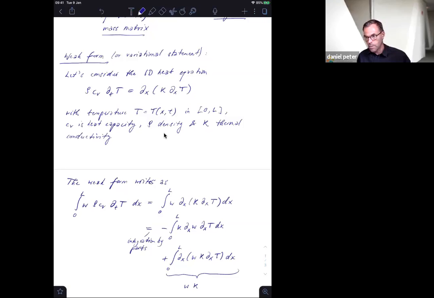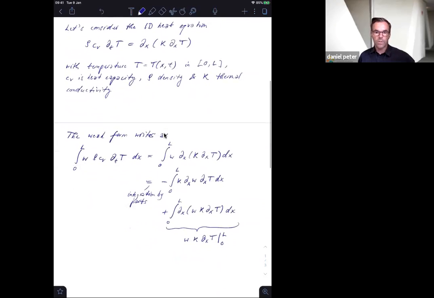So we have W, the test function, times kappa times the derivative of the temperature, evaluated at the integral boundaries 0 and L. Once we set out the boundary conditions, you see that the boundary terms will come into this last term, basically.